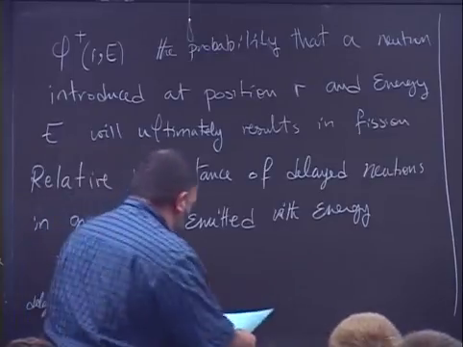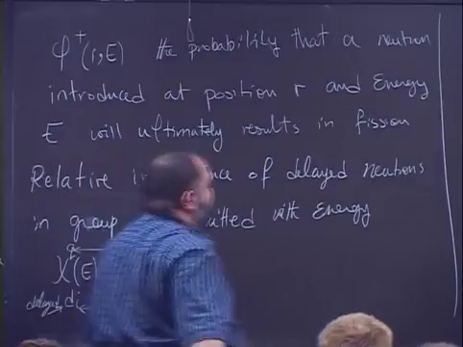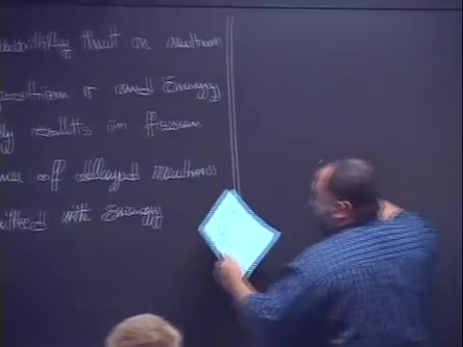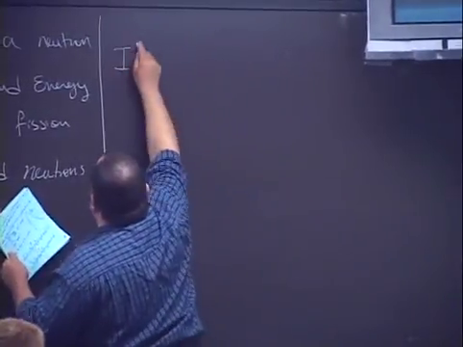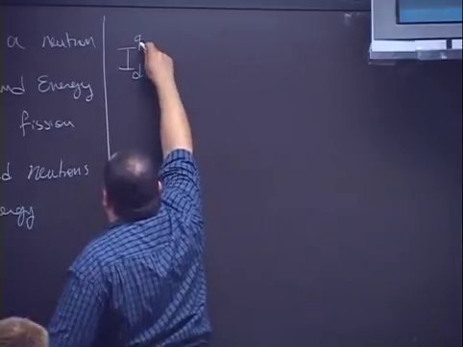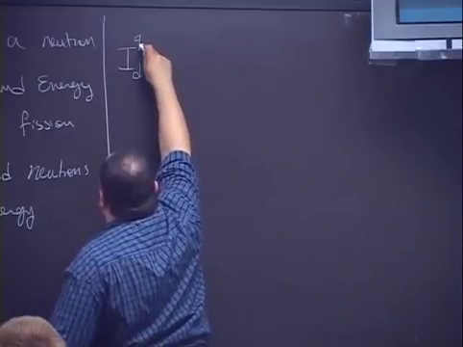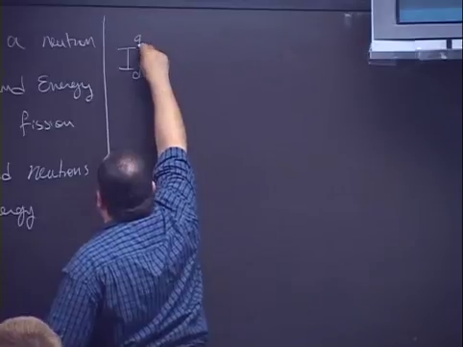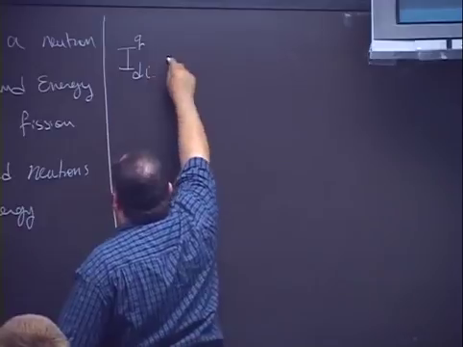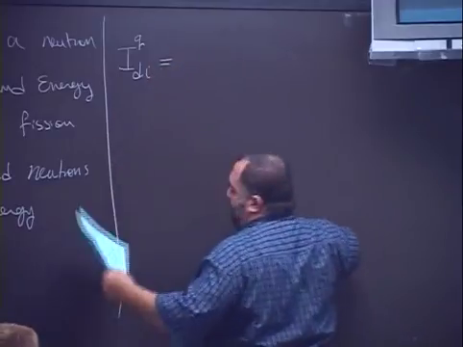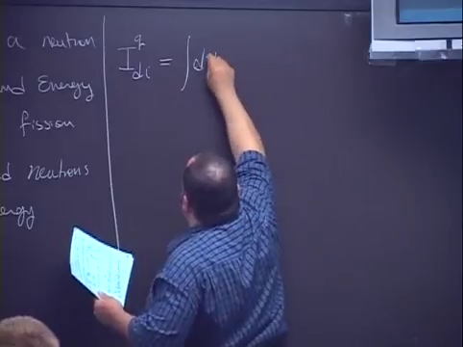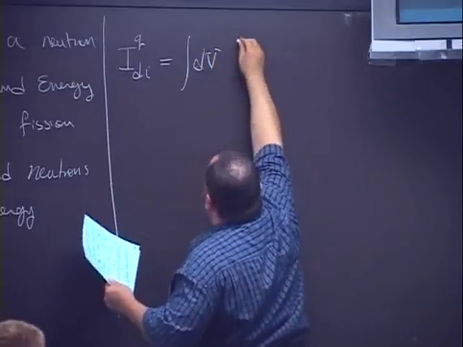So let's look at this importance. If we multiply this importance, we call it I_Q,D_i, the importance of the delayed neutrons coming from a fission of isotope Q and appearing at the group i. So it is the integral over delta V, the volume of the reactor.